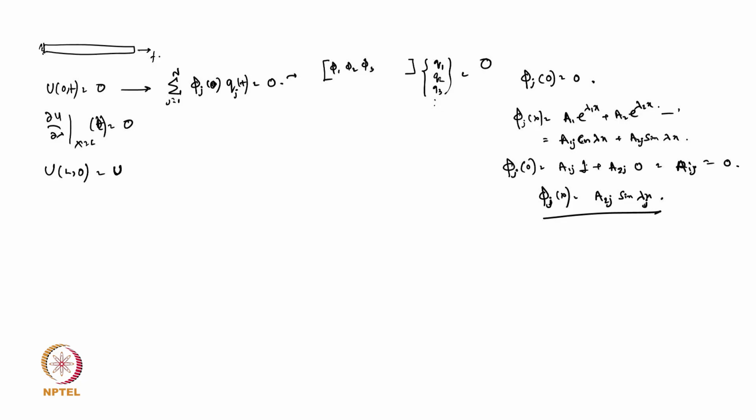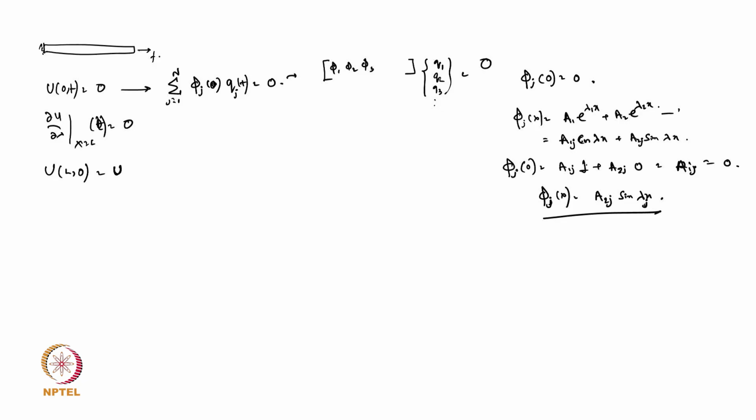So your first boundary condition is always satisfied. You cannot put cos here, because if you put cos, it will never be 0. And if somebody tells you that the value is 1 or something, then you should put cos, not sine. Make sense? Good.